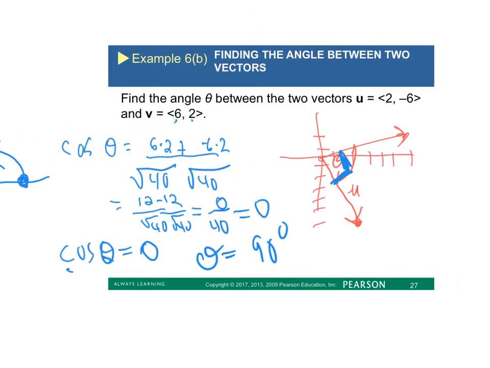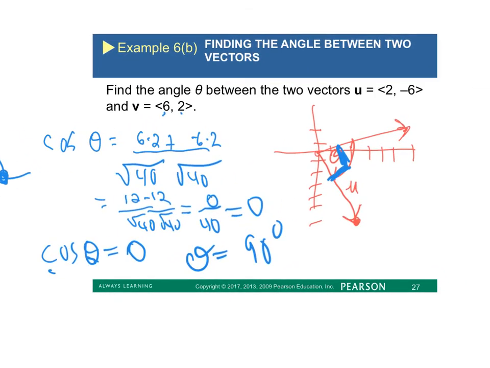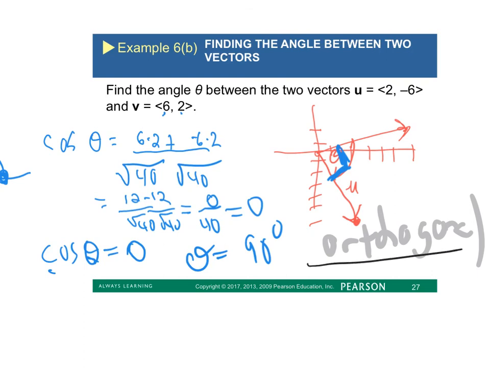There's a name for these two vectors, in case you haven't had physics. These two vectors are considered orthogonal. Orthogonal, which means they're perpendicular. Anything is perpendicular if it makes a right angle.